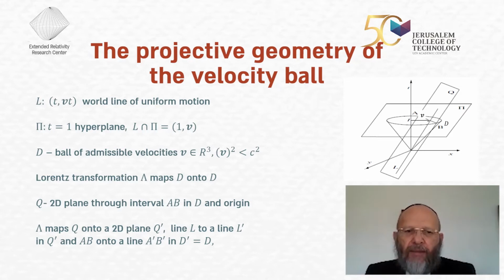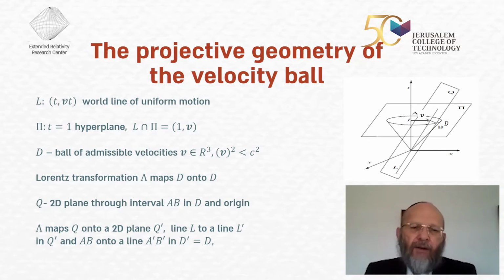And AB, which is the intersection of Q with the plane pi, will now be the intersection of the plane Q prime with pi, which is another interval, A prime B prime. That means the Lorentz transformation on this domain takes an interval into an interval.